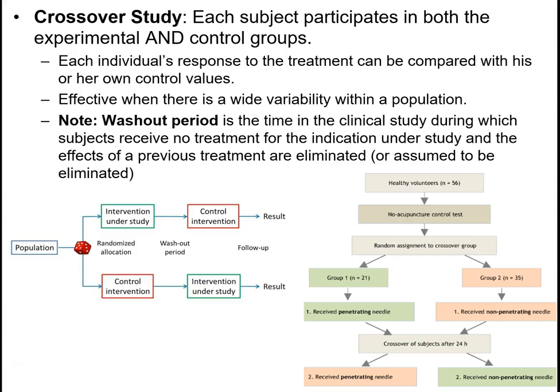Some disadvantages to crossover studies are that all subjects are going to receive that placebo treatment or alternative treatment at some point. Again, this can create some ethical concerns if it is a serious condition that we are evaluating. So, for example, there are a lot of medications, vaccines even, that are tested this way, where if we have a treatment, either a vaccine or some sort of medication for a particular disease or condition, that already exists, and we know it works.